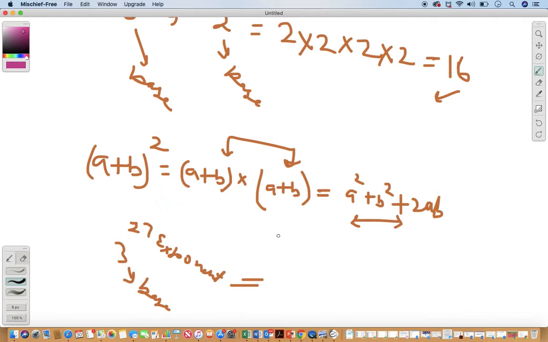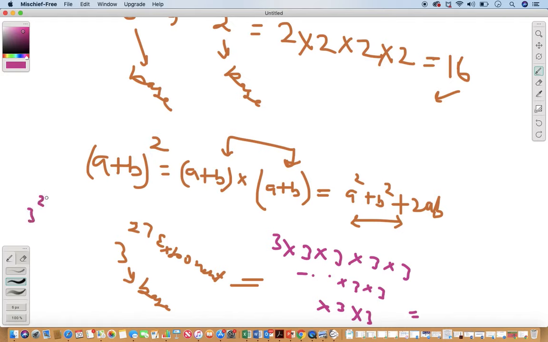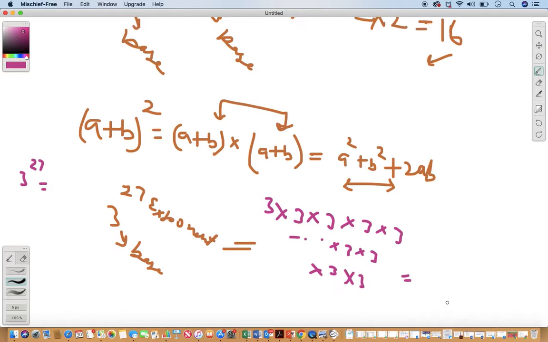So we will be writing 3 cross 3 cross 3 cross 3, and so on, until you count all these and it comes out to be 27 times 3 written up here. I don't know what 3 to the power 27 is, but we can count it out, we can calculate it. It shouldn't take much time.